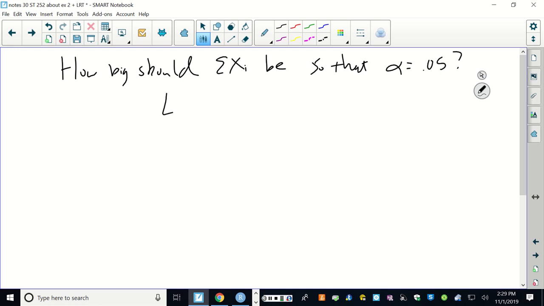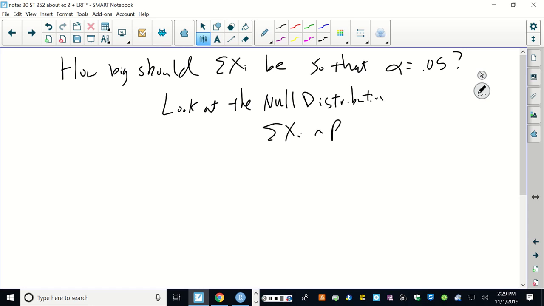Well, we're going to look at the null distribution, which says that the sum of the xi's should be Poisson with rate of 10 times 1, 10 observations, 1 each, which is of course just 10. So we look at that Poisson and see what the errors are.